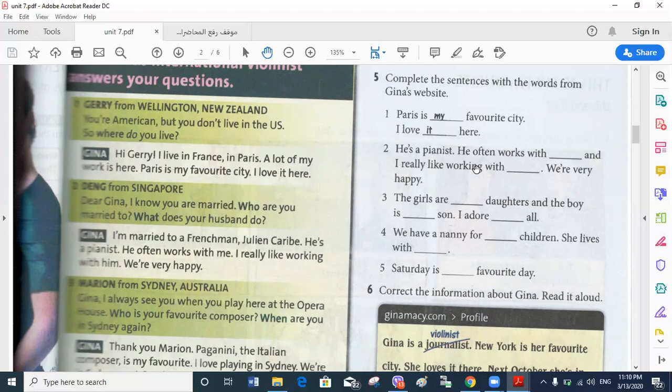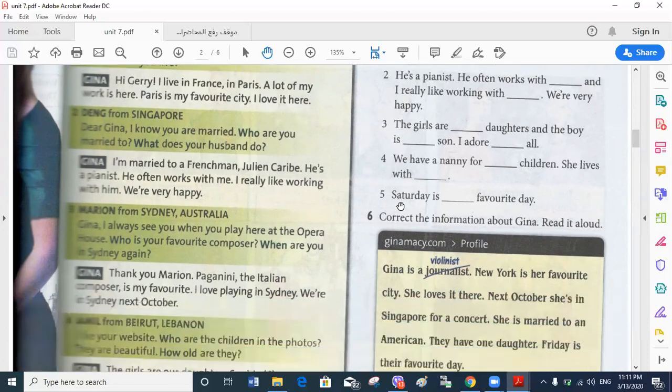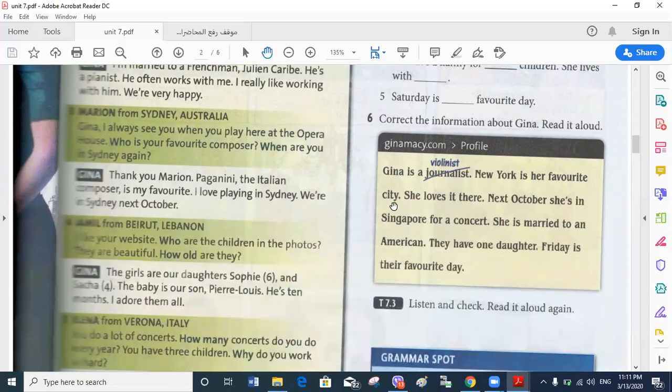He is a pianist. He often works with me, and I really like working with him. We are very happy. So we use two object pronouns, me and him. So please complete these 5 sentences.